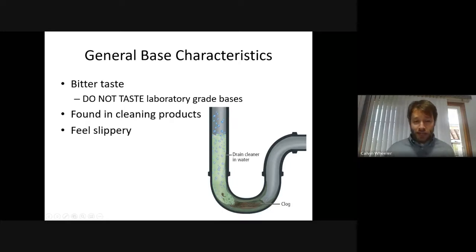Moving on to bases. Bases have the characteristic of being bitter. The reason why things are bitter, or we perceive them as being bitter, is because that's supposed to be a bad taste. For example, my coffee here has a bitter taste. That's actually one of the desirable things for coffee drinkers.